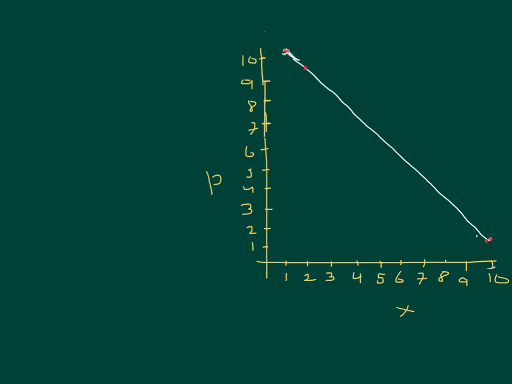Expressing this idea algebraically, we get the following equation, where the demand curve or price as a function of quantity is given by 11 minus x. So we can see when price is 1, we have 10 units being demanded, and when price is 10, we have only 1 unit being demanded.